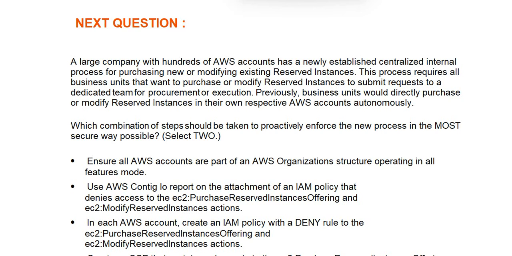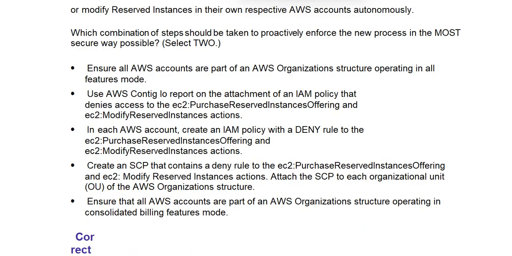Choose two options. Options are option A. Ensure all AWS accounts are part of an AWS Organizations structure operating in all features mode. Option B. Use AWS Config to report on the attachment of an IAM policy that denies access to the EC2 purchase reserved instances offering and EC2 modify reserved instances actions.